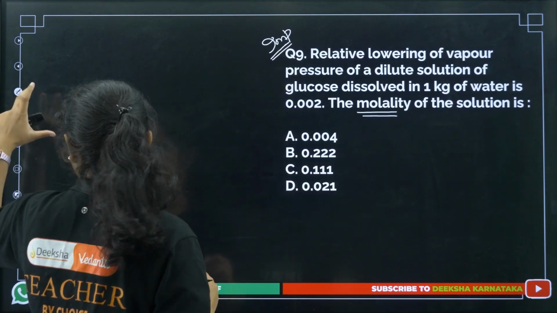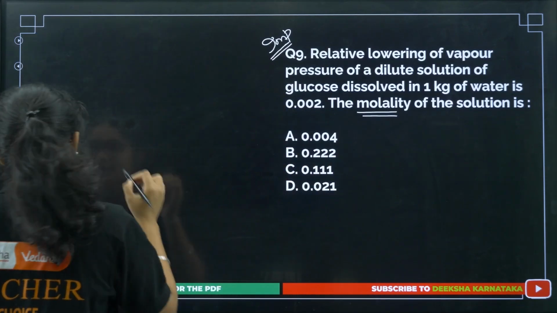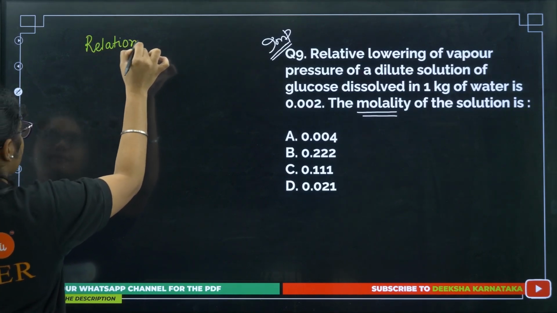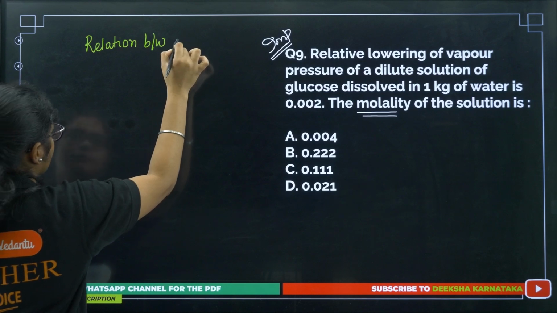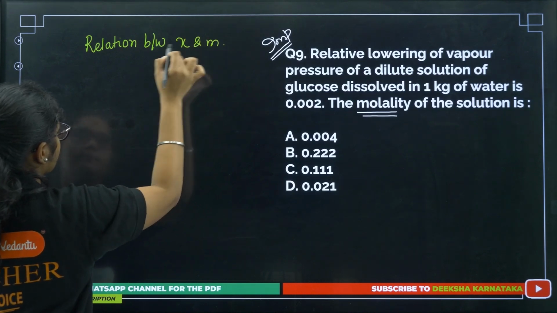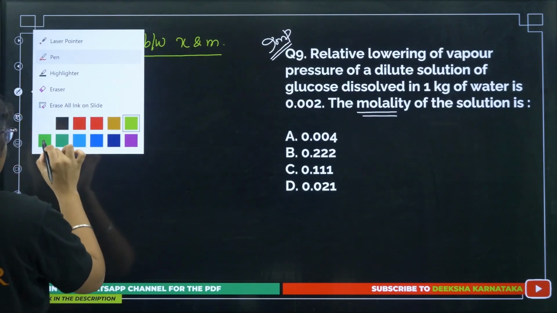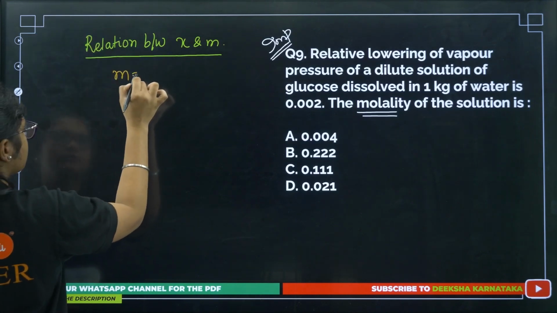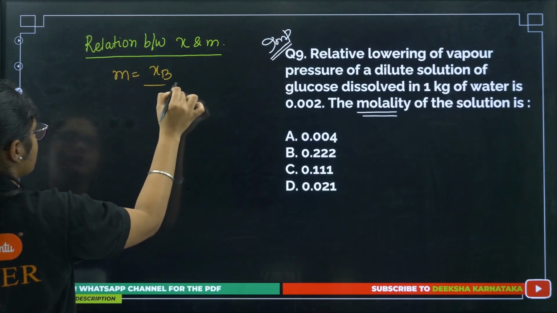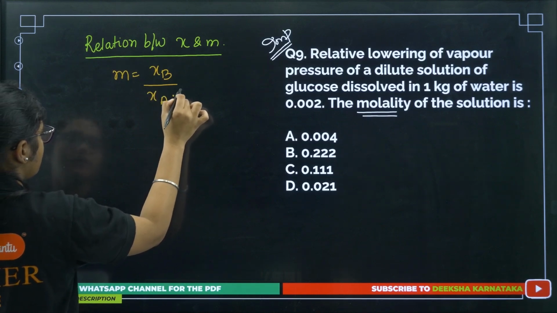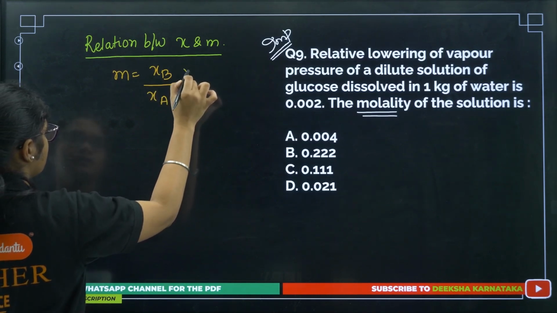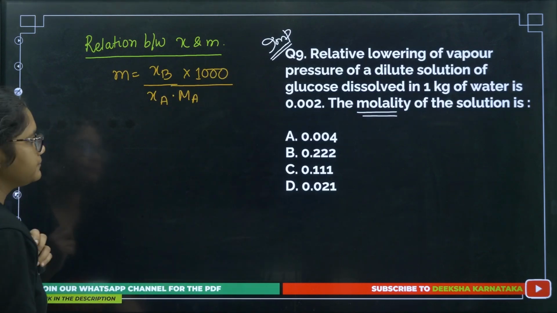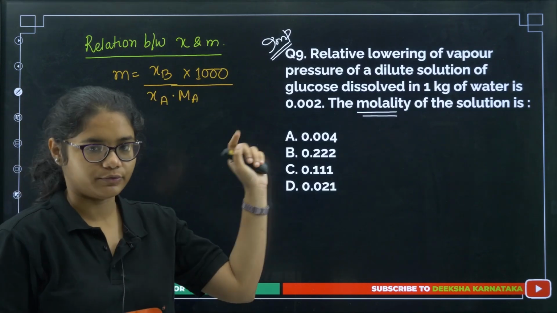So for this you should know one particular formula, that is the relation between mole fraction and molality. Molality is equal to mole fraction of solute by mole fraction of solvent into molar mass of solvent into 1000. Clear? This formula you need to remember.